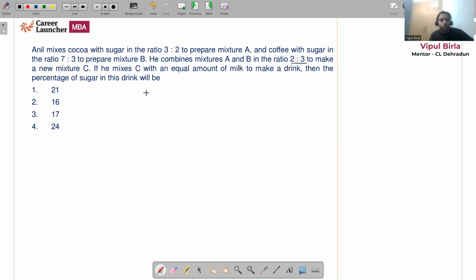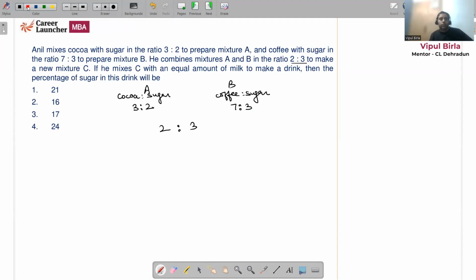So A is 3:2, that is nothing but cocoa is to sugar, while B is coffee is to sugar. We are mixing A and B in the ratio 2:3.